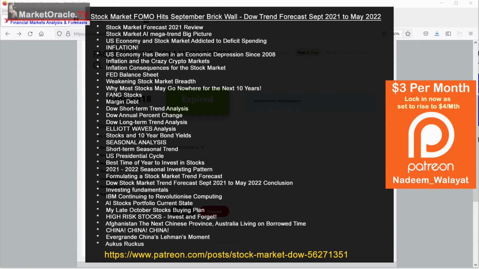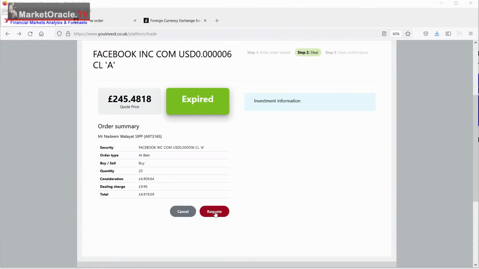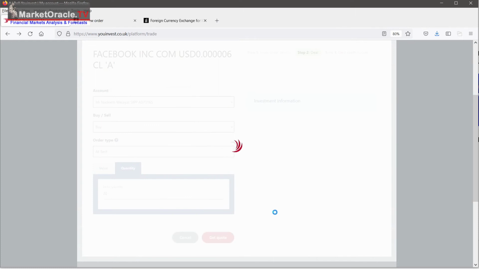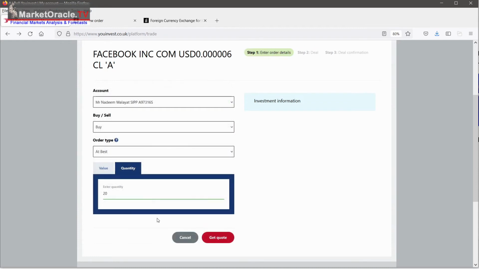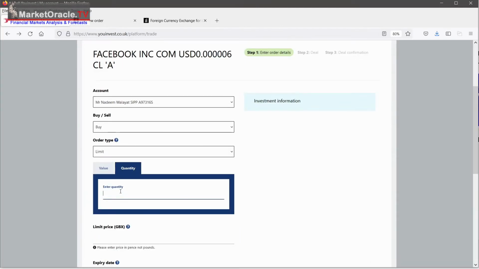So what you save is 1%. Oh yeah, you saved on the exchange fee. Let's get another re-quote. That is a massive difference. All right, let's see if we can place a limit order. Quantity 20.